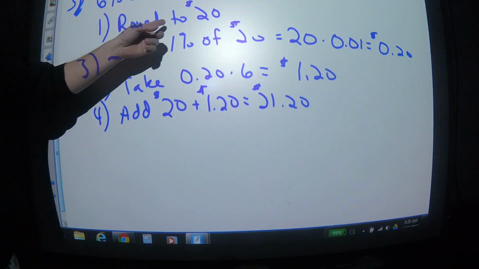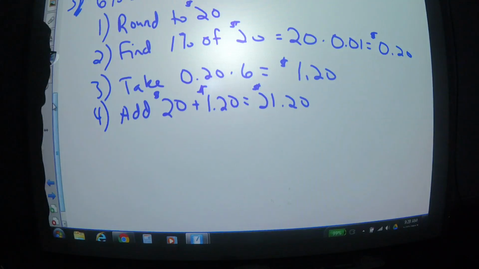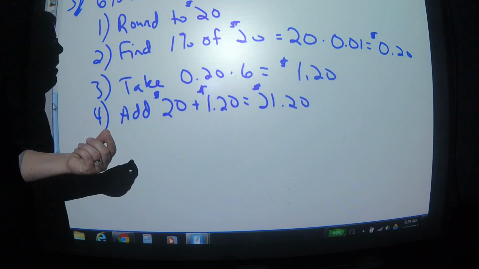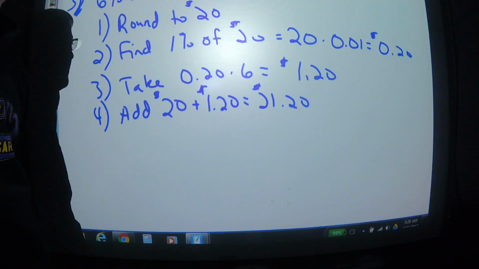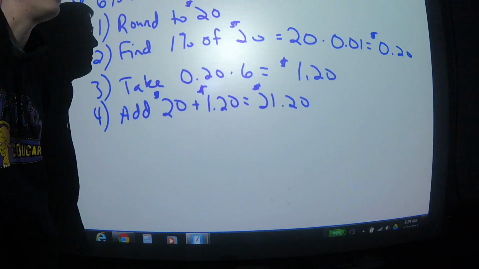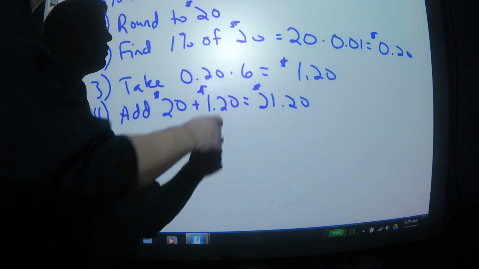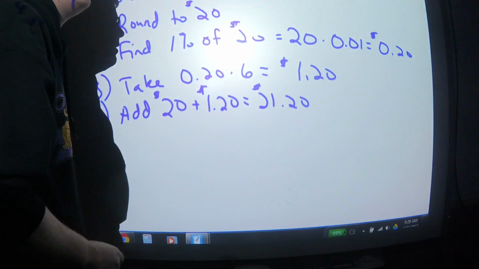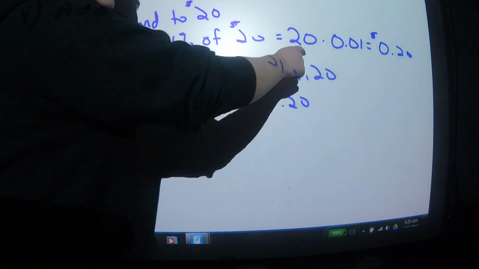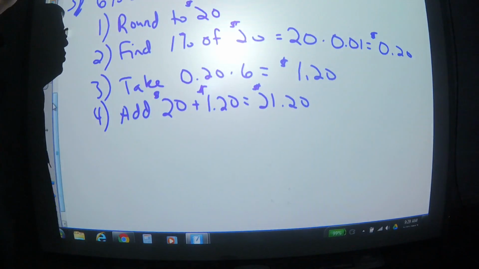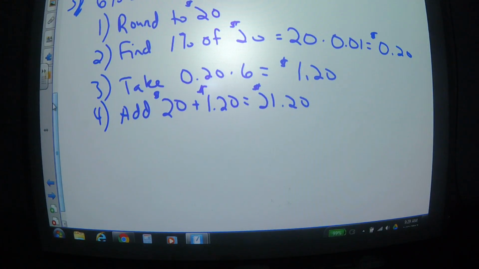You're going to start off by rounding that to $20 to make it easy. Then you're going to find 1% of $20. Well, for 1%, we're going to move the decimal place 2 places to the left, because 1% of $20 is taking 20 times 0.01.